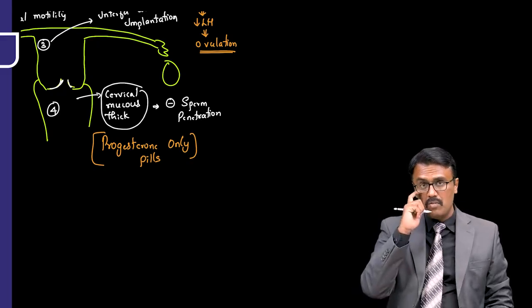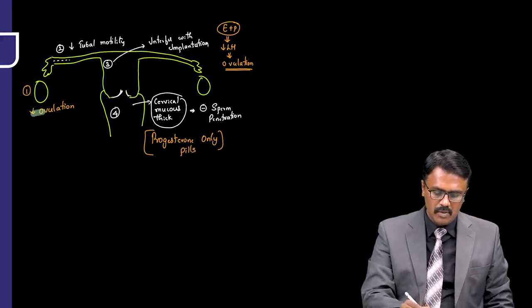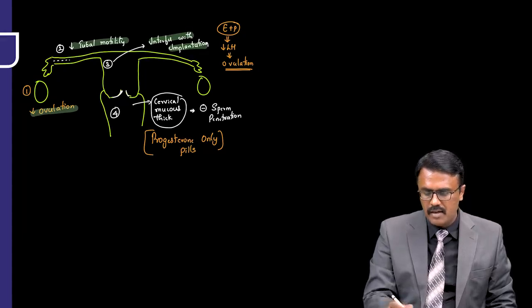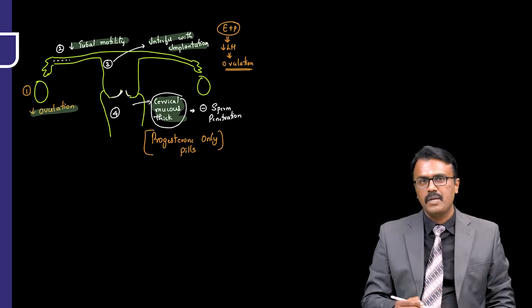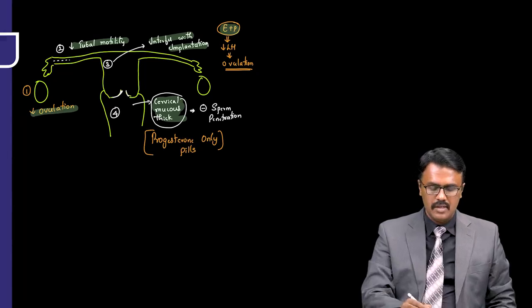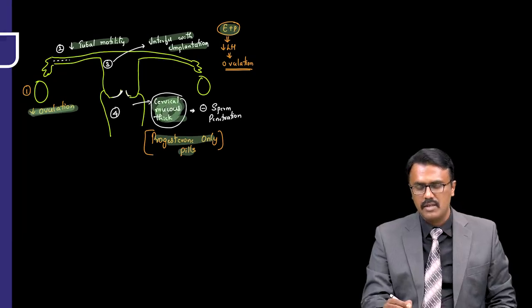Now remember, almost all the contraceptives have these four mechanisms: decreasing ovulation, decreasing tubal motility, interfering with implantation, and making the cervical mucus thick. But the major mechanism of the combination of estrogen and progesterone is decreasing ovulation. The major mechanism of progesterone only pills is to make the cervical mucus thick.